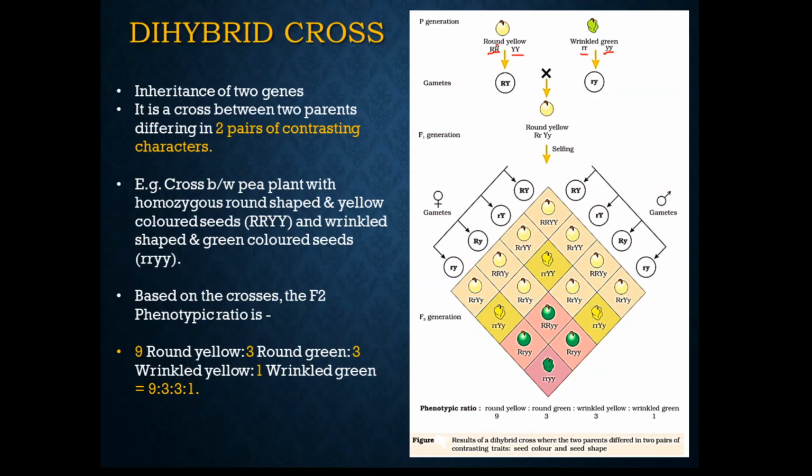When we take the alleles of each character, we find that in the gametes only one of the alleles is passed on. Since the parents are homozygous, the only alleles getting in are capital R and capital Y from one plant. From the other plant, wrinkled and green are also homozygous, so it gives small r and small y.